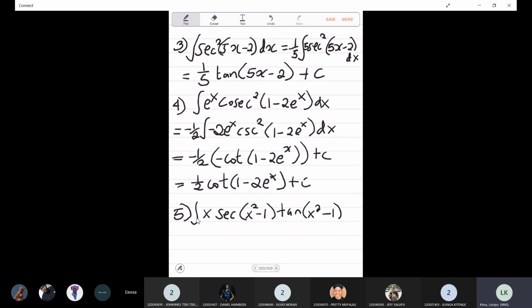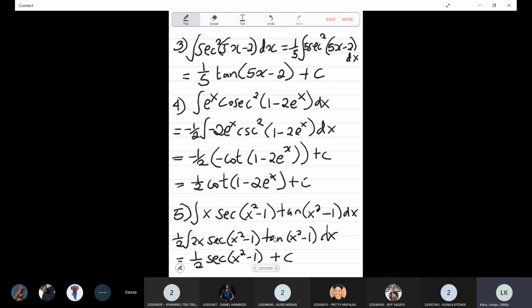So I can put a 2 here and then a half outside. So I have a half integral 2x sec of x squared minus 1 tan of x squared minus 1 dx. Forgot the dx here. And then our integral is just half. The integral of sec tan is sec. So I have sec of x squared minus 1 plus the constant of integration.